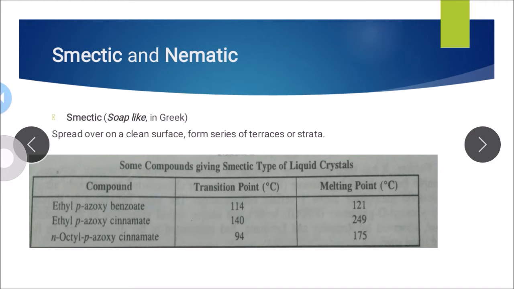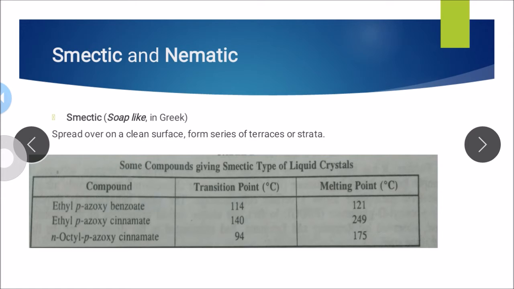It spreads over a clean glass surface, forming a series of terraces and strata. When we pour water, it just spreads like anything. But if we pour smectic liquid crystal, it spreads layer by layer.